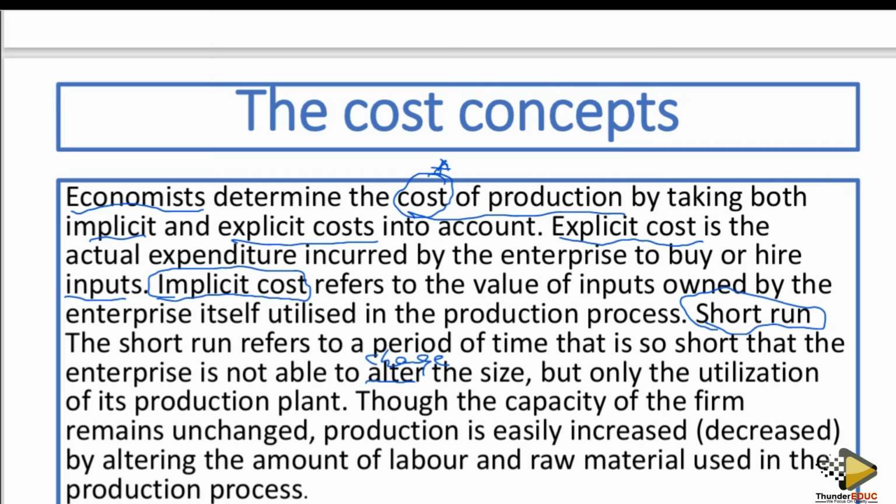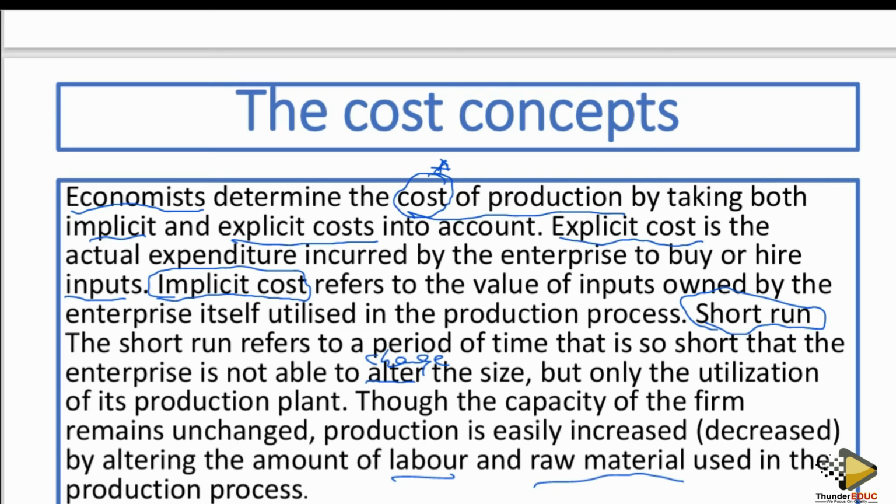Okay, right. So though the capacity of the firm remains unchanged in the short run, bear that in mind, even though the statement is not given. Though the capacity of the firm remains unchanged, in the short run production is easily increased or decreased by altering the amount of labor and raw material used in the production process. Remember, only labor can be changed, but not the compensation. The compensation won't change.